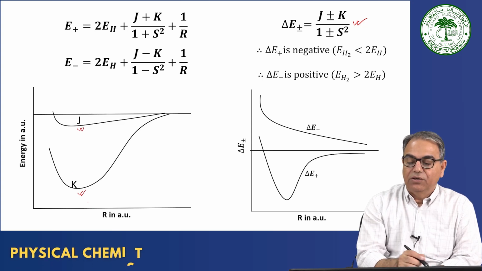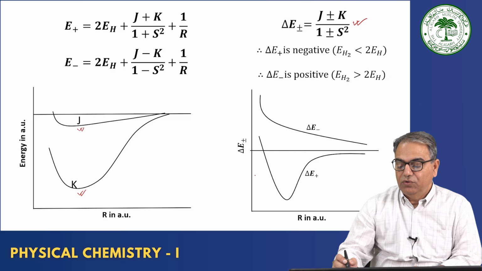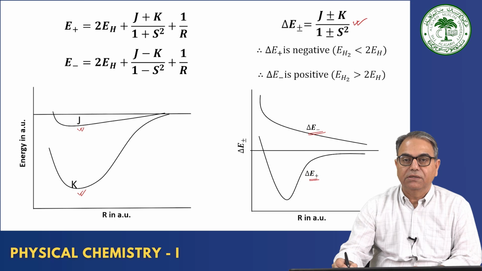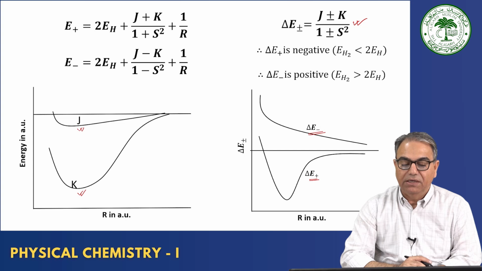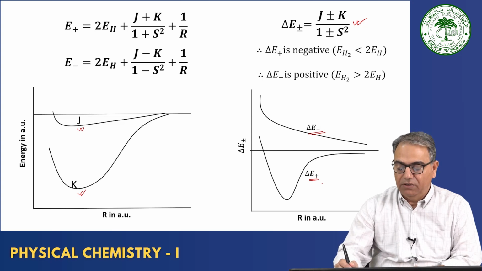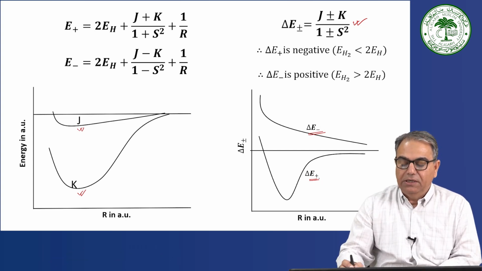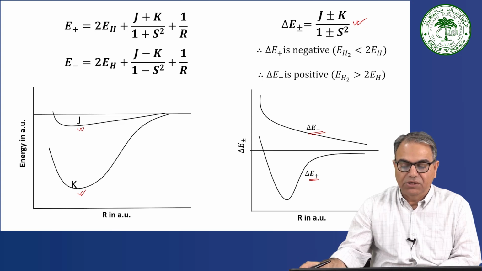If you plot the delta E value, you get a minimum for delta E plus, and you do not get any minimum for delta E minus. So E minus does not refer to binding, E plus refers to binding only, the binding state of the H2 molecule.